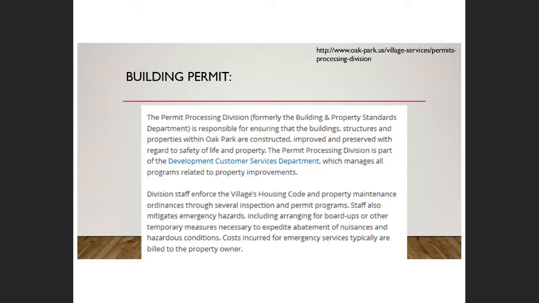The speed limit is the rule, and the enforcement mechanism is the cop at the corner with the radar gun. So in the case of how the building needs to get built, the rule or the law is the building code, and the enforcement mechanism is the building permit and the inspections that go along with it. Again, this is all done by local jurisdictions, by cities and towns and villages.